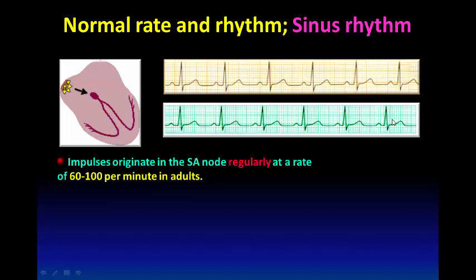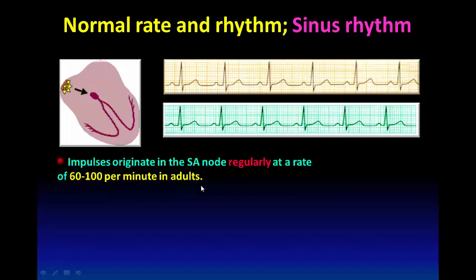And a normal sinus rhythm means, from the electrophysiological point of view, that the cardiac impulses originate in the sinoatrial node regularly at a rate of 60 to 100 impulses per minute at rest in normal adults.